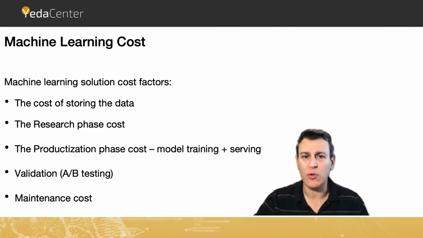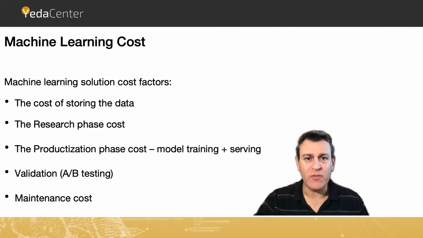If your data is not normalized or filtered or accessible to your researchers, then they have to make some ETLs in order to move the data from one storage to another storage and do some manipulation on the data, some filtering and normalization. Usually those ETLs or crawlers cost money. And if you use some cloud-based solutions, the cost will depend on the amount of time that you run these processes.